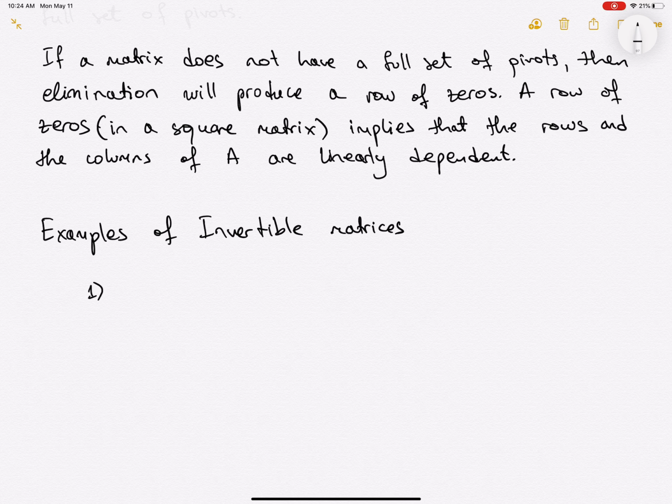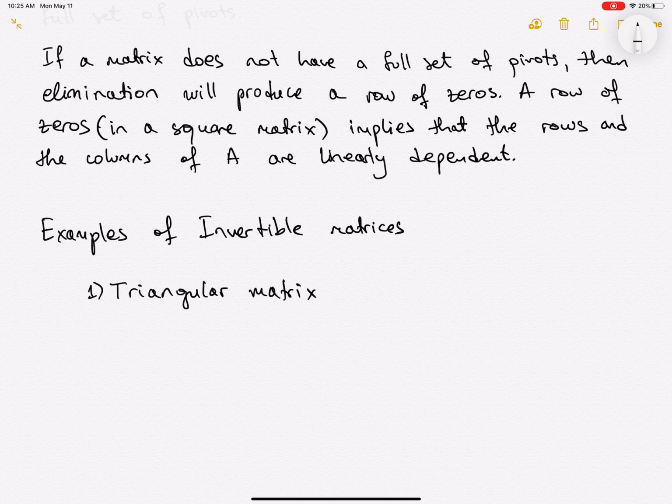Such a matrix is a triangular matrix. It is easy to determine whether a triangular matrix is invertible, and the test is whether there are any diagonal entries that are zero.